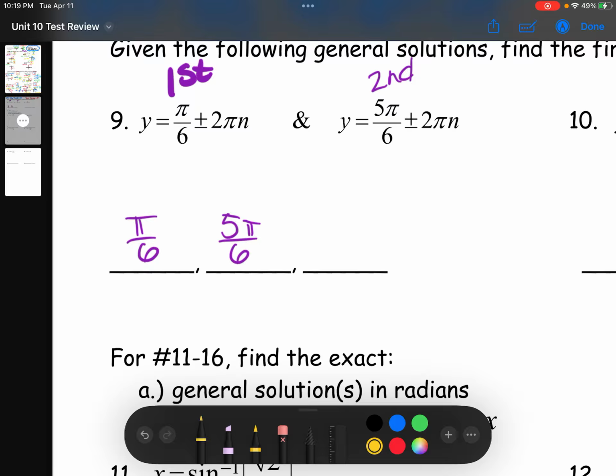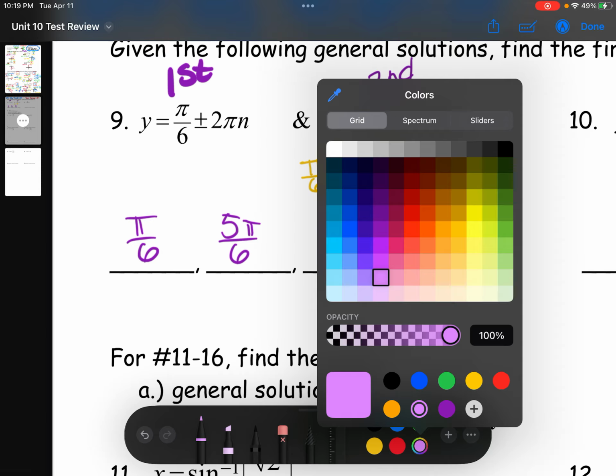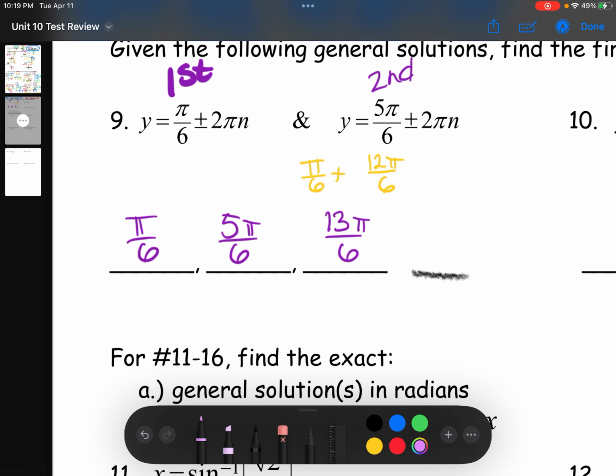Then to get the third, we take that first and we add 2 pi. So I'm going to add 12 pi over 6. And that third solution is 13 pi over 6. Now, this doesn't ask for it, but if we needed a fourth solution, we would take the second one, 5 pi over 6, and add 2 pi.